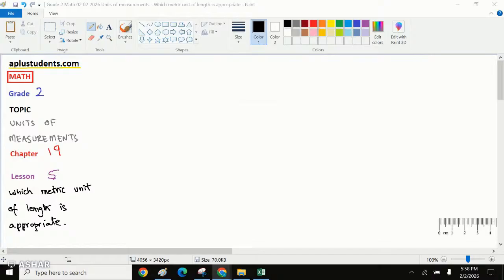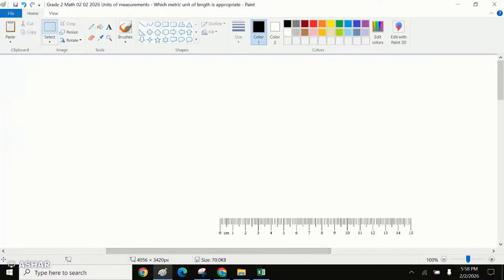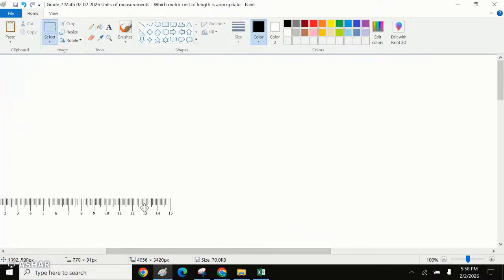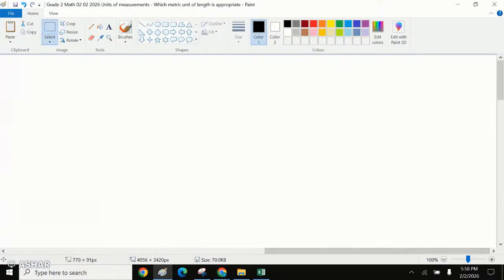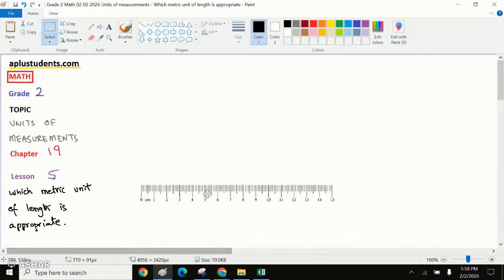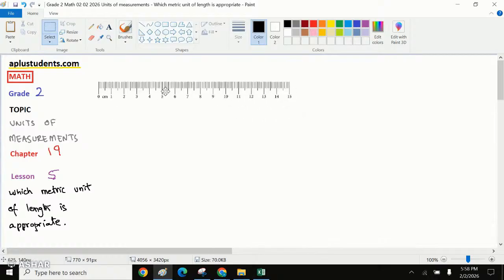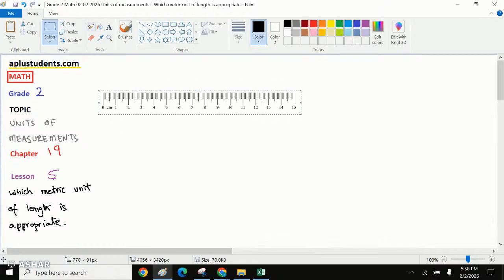So before starting anything, I would give you a comparison. Let's do some comparison and see what exactly the units of measurements are. If this is a scale given to us, let me reduce this a bit.